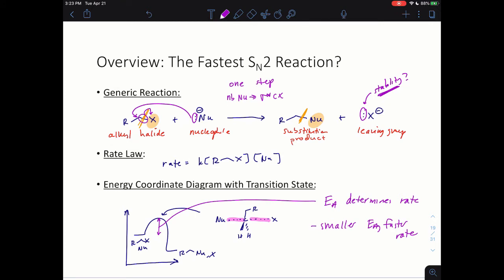We're going to have three main components of this reaction: the alkyl halide, the nucleophile, and the leaving group. We're going to think about each of those three things. Here they are: here's the alkyl halide in the rate law, here's the nucleophile, and then the leaving group is part of the alkyl halide. So all three of those species are going to affect the rate of the SN2. We'll think about how each one contributes to making for the fastest possible SN2 reaction.